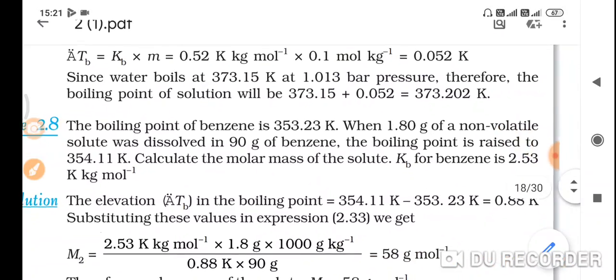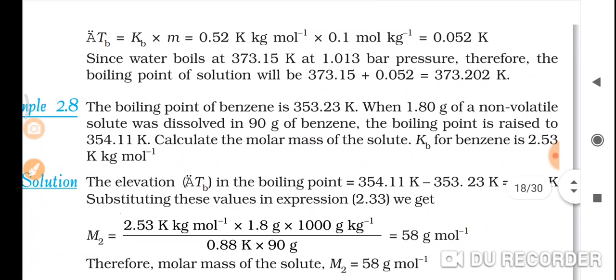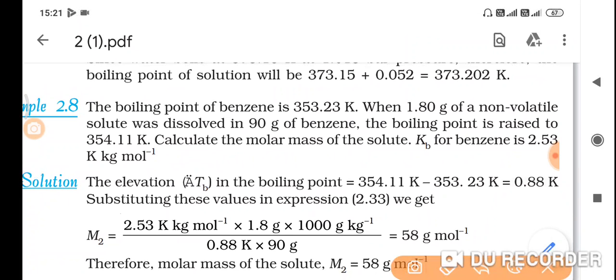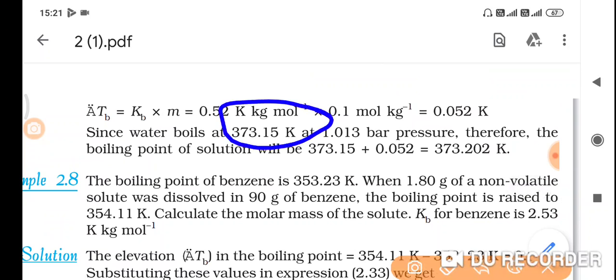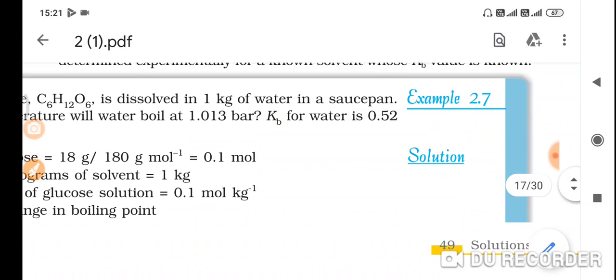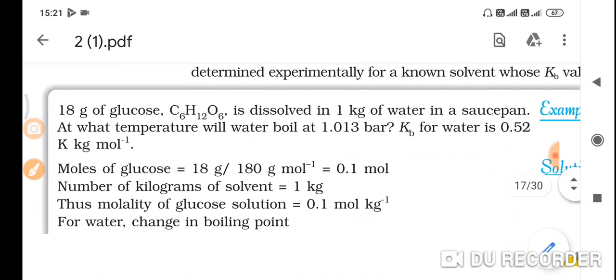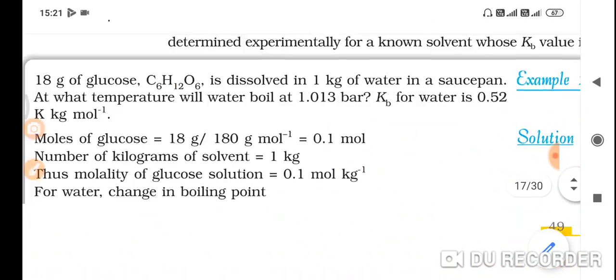So we have taken water, and we know the boiling point of water, that is 373.15 Kelvin, right? Now let me check what they asked us. At what temperature will water boil, right?